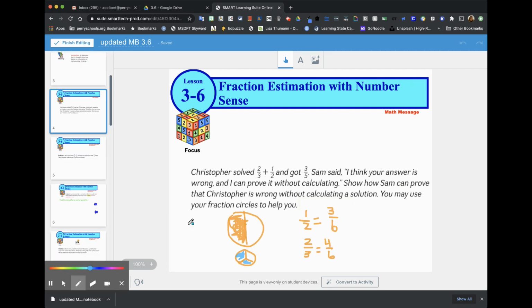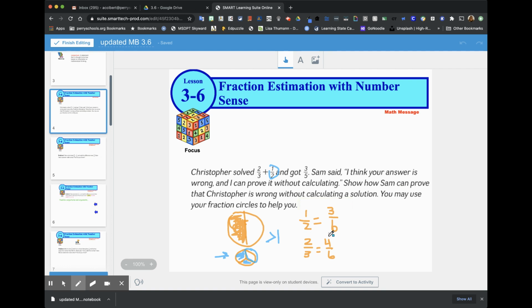Okay, take a look at these horrible pictures, but they represent something. So right here we have 2/3, and you can see when you have 2/3, you have less than a half left over. Okay, and then if I have 2/3 plus 1/2, this is actually going to be greater than 1, just from that picture alone. I can also think of these as equivalent fractions.